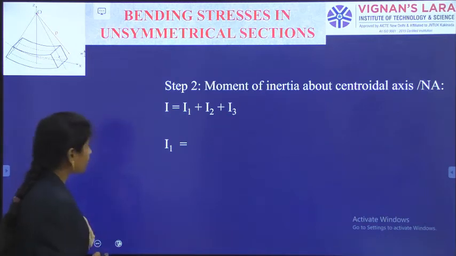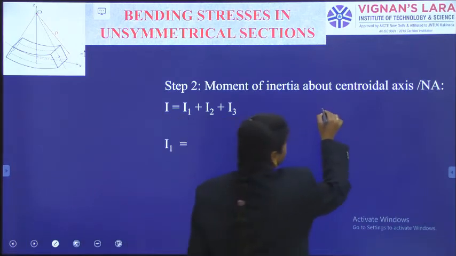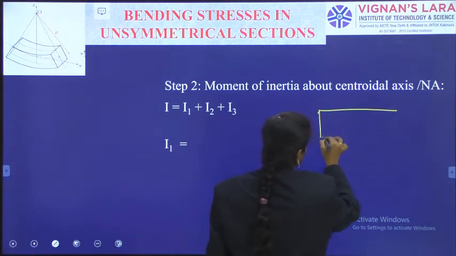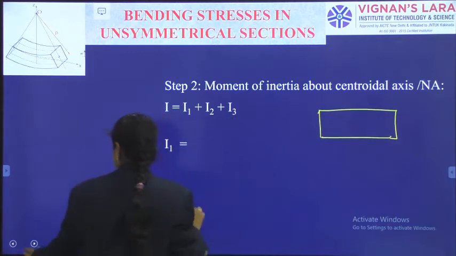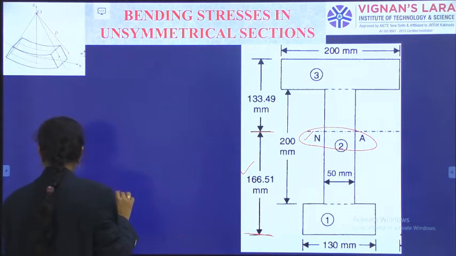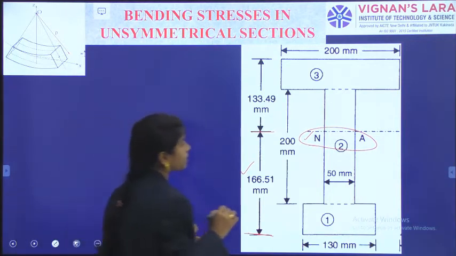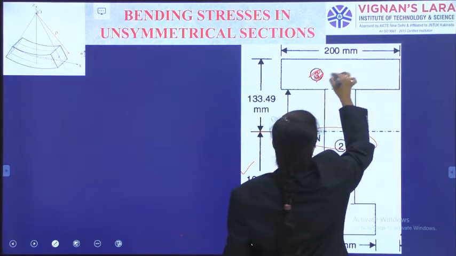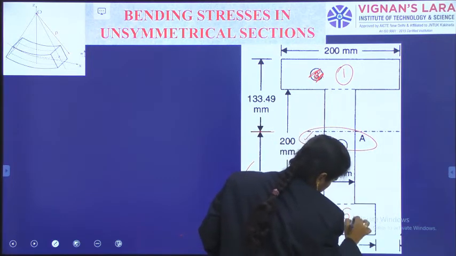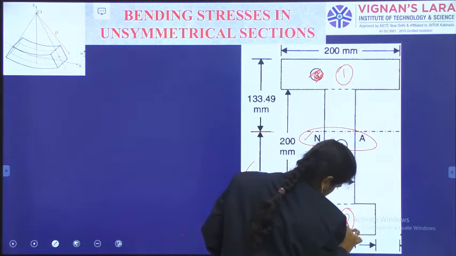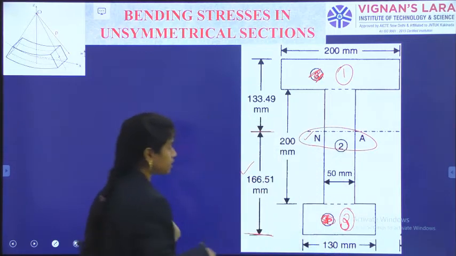Okay. And I am considering the first segment, as I am taking the top portion as the first segment every time. So I am taking this one first again and again. One, two, three. Okay.